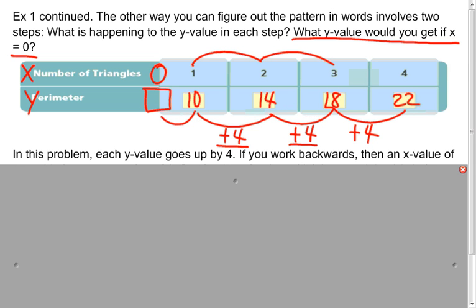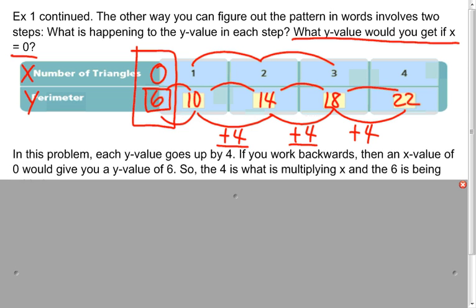So if I work backwards, 22 to 18, subtract 4. 18 to 14, subtract 4. 14 to 10, subtract 4. 10 to this number, subtract 4 again, and I get 6. So I just use the pattern backwards to figure out what would match up with 0. If we work backwards, an x value of 0 gives you a y value of 6.